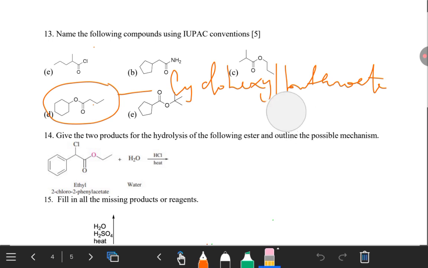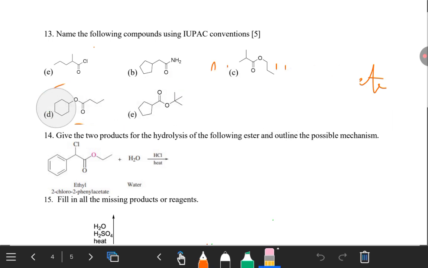Then let's do the last question, which is part E, on the IUPAC conversions. So this part here, you can see that this part there, that's a structure which looks like this.